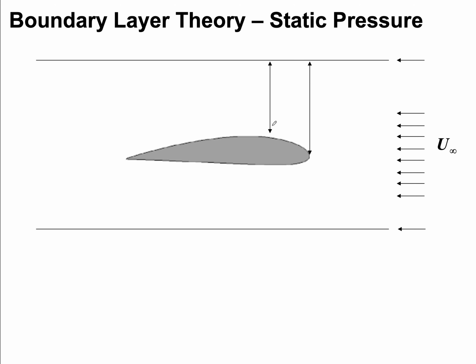You'll see the area has decreased, and then for this region between those two arrows, the area is sort of staying constant. I'm talking about this distance between the airfoil and the upper streamline. And farther downstream on the airfoil, the area has increased again.